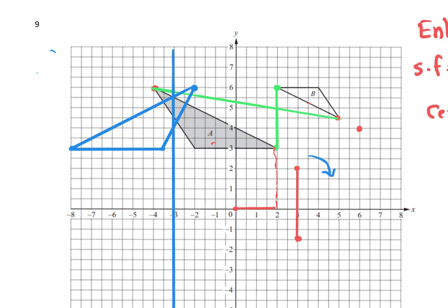Now join them to find the image. Okay, so this is the image by rotation 90 clockwise. So 270 anticlockwise is the same as 90 clockwise.